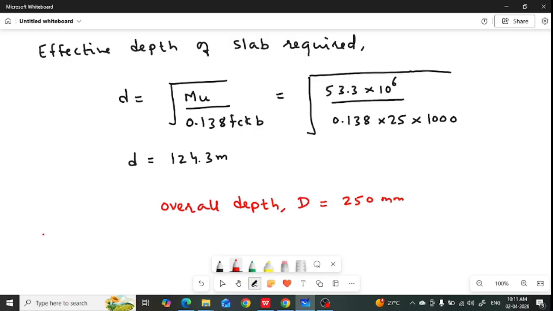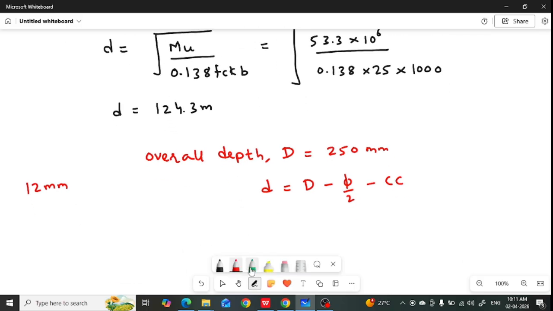If we are assuming that we will be using a 12 mm bar, and we will also assume the clear cover. Okay. So small d equal to capital D minus half of the diameter of the bar minus clear cover. So small d equal to 250 minus 6, minus some clear cover you can provide.